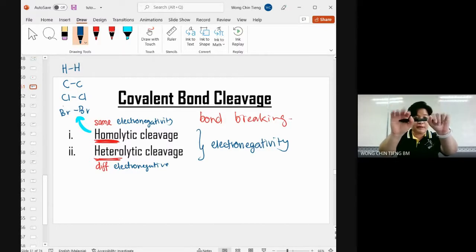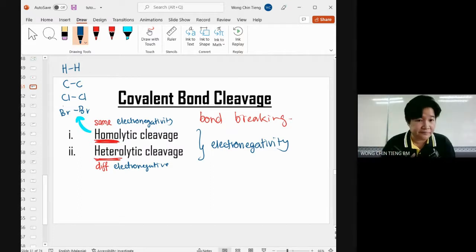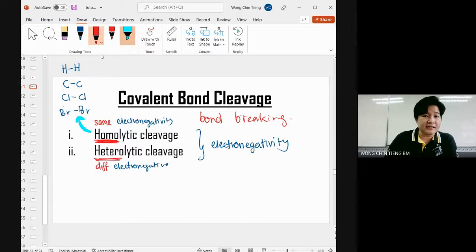That is what we mean by homolytic. Same electronegativity. Okay? So, next thing. Bila dia sama, the story always about bond breaking. Bila dia sama, ikatan ni nak putus. Ikatan ni nak putus. Okay?